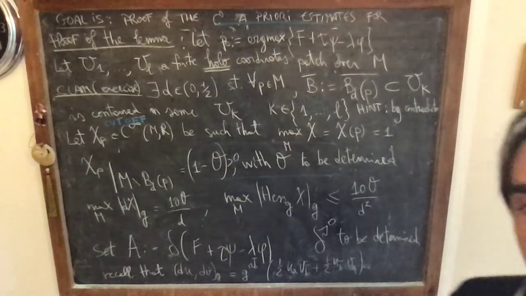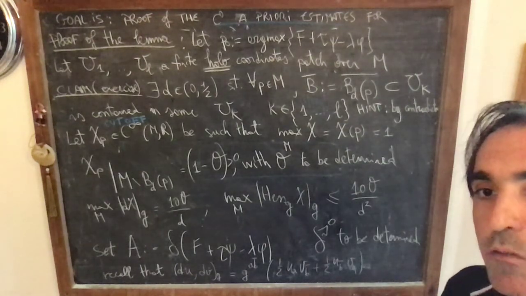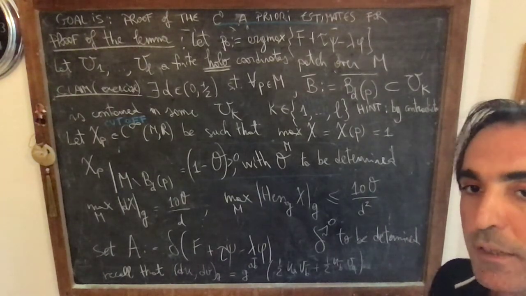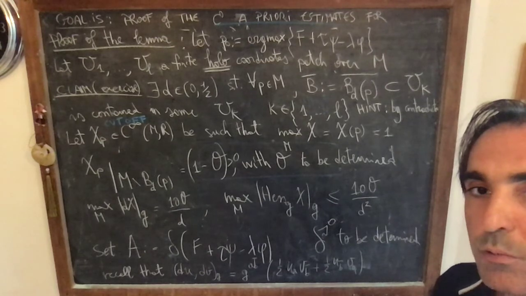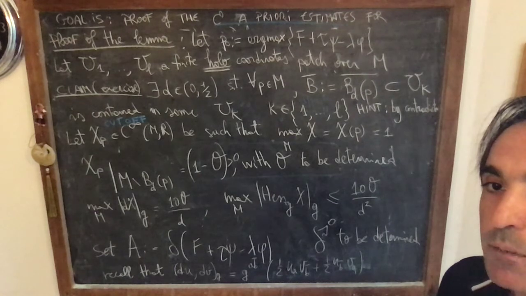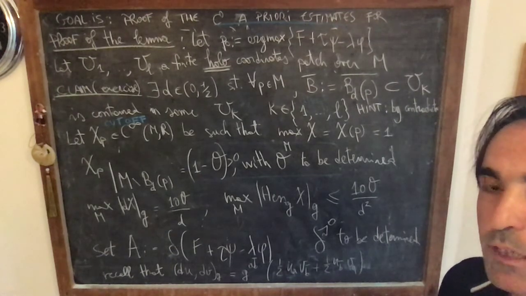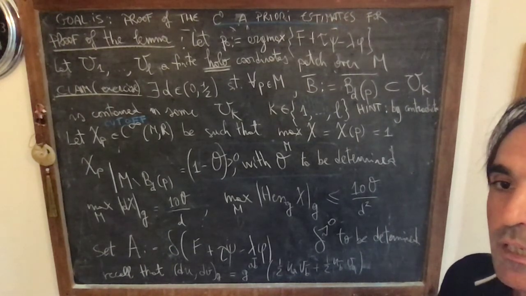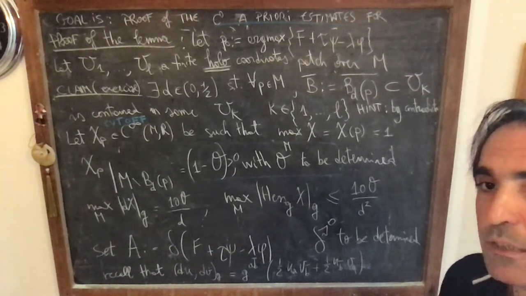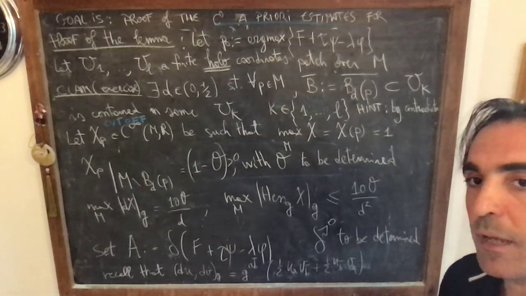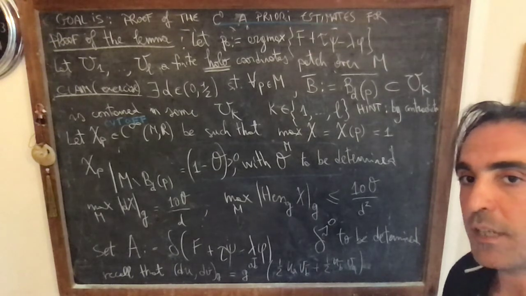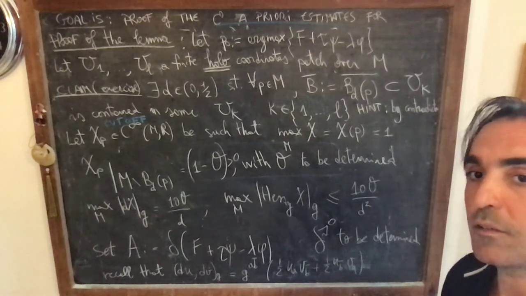Okay, as you may imagine, the proof of this lemma is going to be quite lengthy. It's better to stop right now and to continue tomorrow. This is one of the most impressive achievements of the paper, because Chen and Cheng managed to prove such an important result by means of a very clever application of classical results.